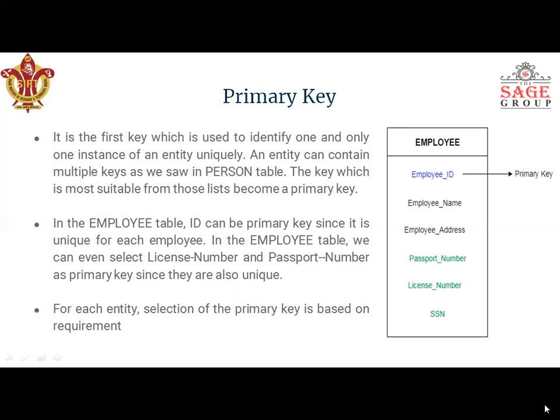In the employee table, ID can be a primary key since it is unique for each employee. We can even select license number and passport number as a primary key since they are also unique, but still the employee ID is present there, so that's why we will consider employee ID as the primary key.